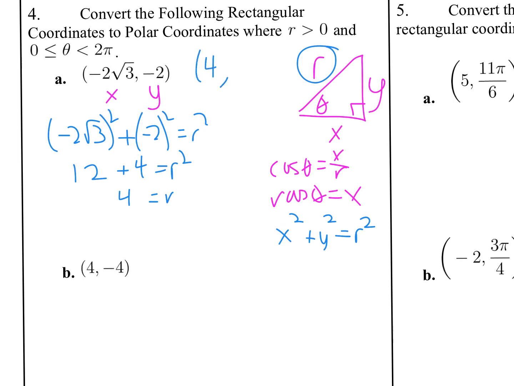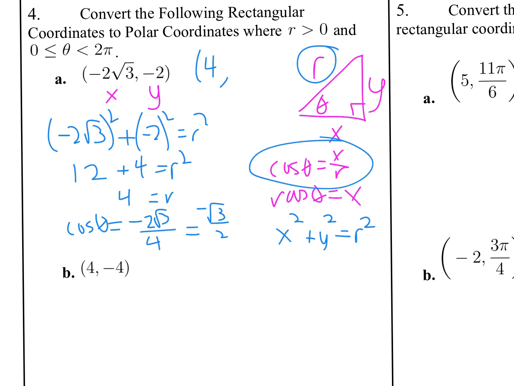And then to find theta, I could just do this sort of idea. So cosine of theta is x over r, which is root 3 over 2, but of the negative variety.